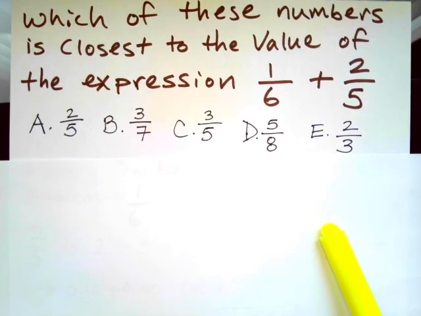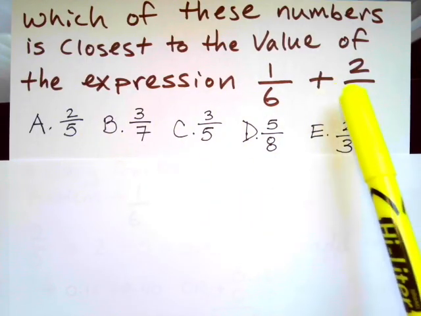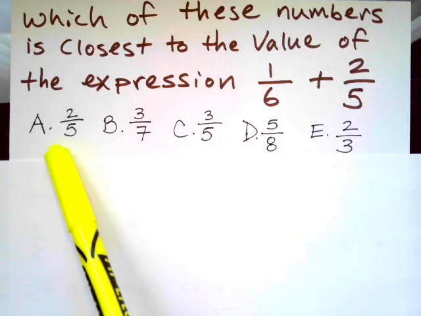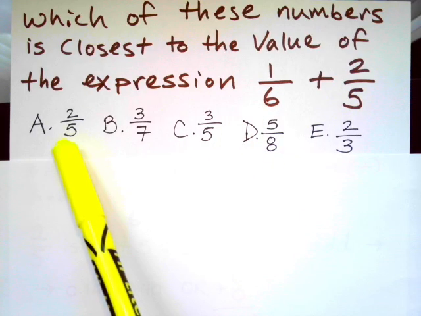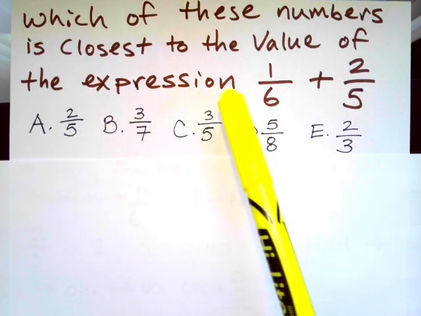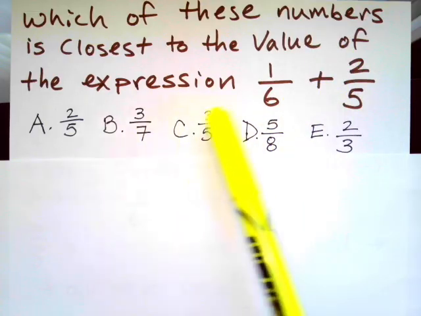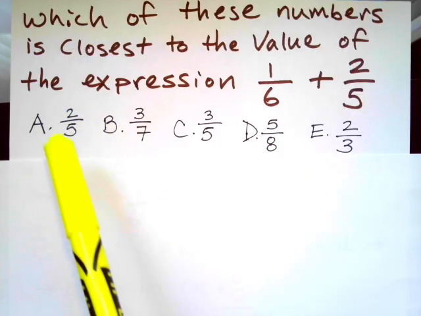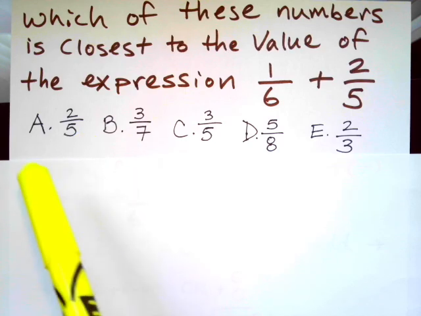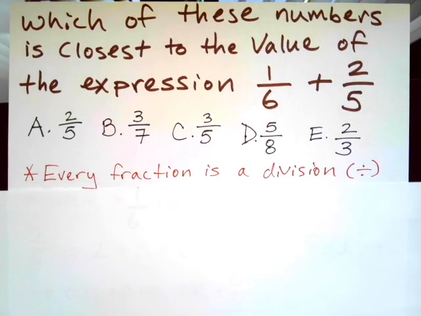The only thing I'm going to point out is you have 2/5 here, 2/5 here, and you're adding 1/6 to the 2/5. So probably not going to be A, since we're looking for the closest value. But I cannot say for certain, given this information, to cross off option A. So right now they all apply. Let's go ahead and get into this.